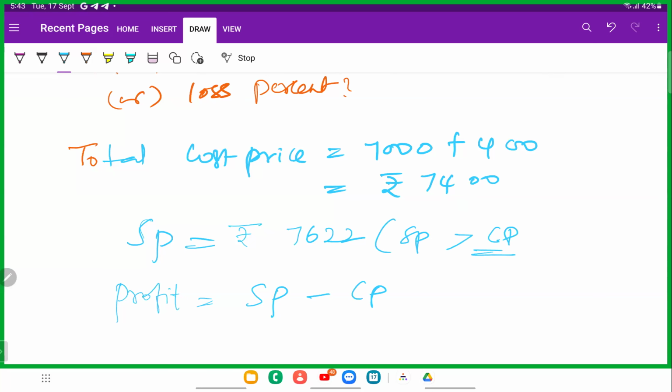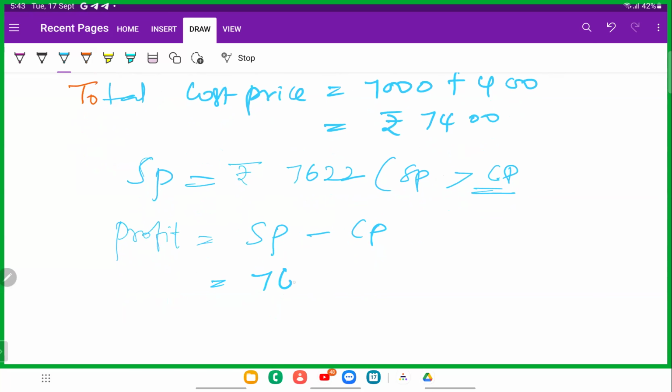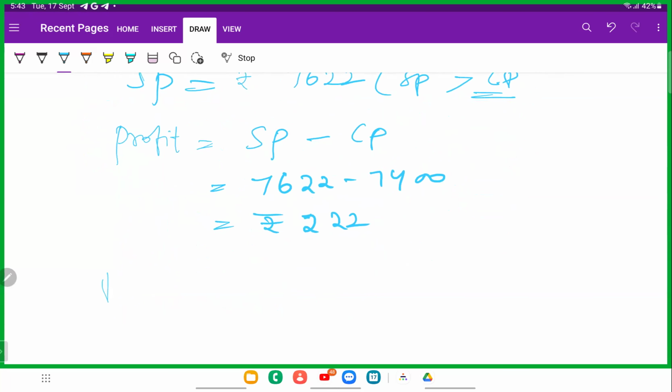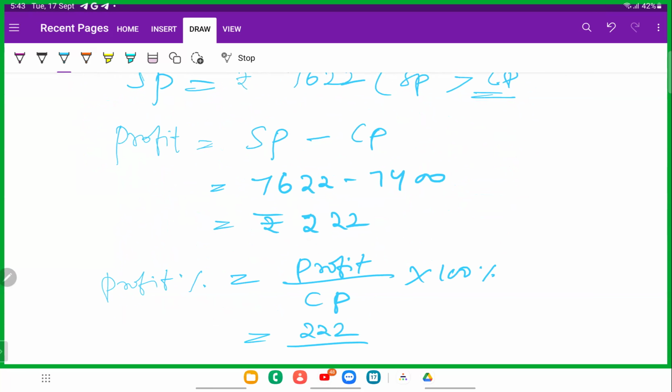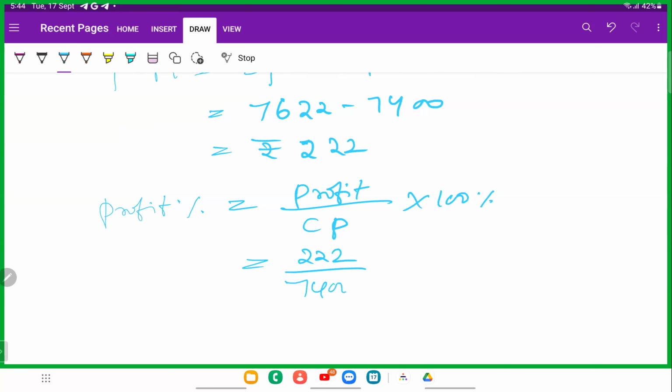So 7,622 minus 7,400 gives 222. So profit percentage is equal to profit by cost price into 100, that is 222 by 7,400 into 100. 3% will be the answer for this.